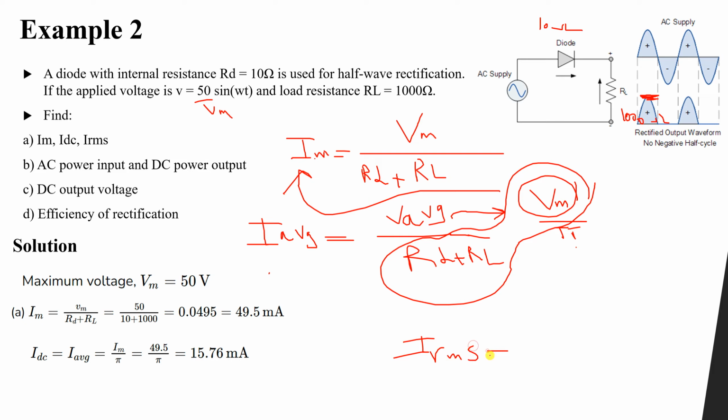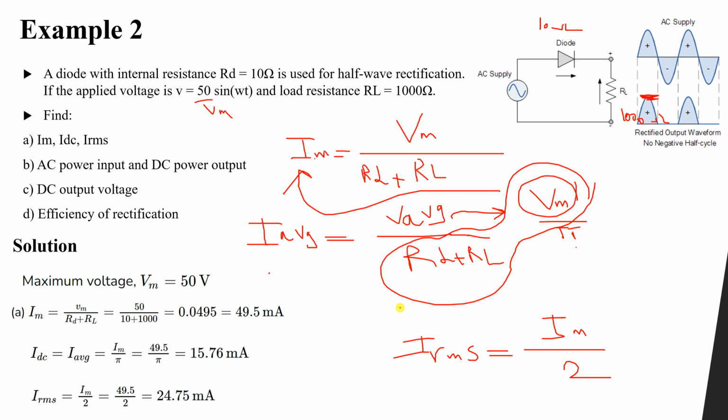Similar to getting the average, it will be I max over 2. The same laws that we used to get average voltage are used here, however instead of using voltage, we use current.